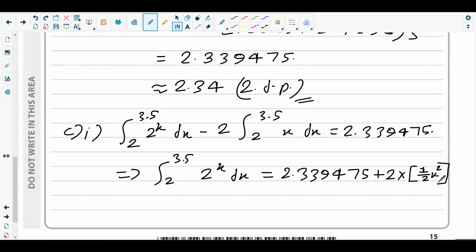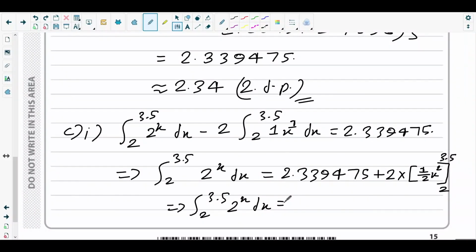In integration we add 1 to the power, so it was x to the power 1, so 1 plus 1 becomes x squared. Then use the new power to divide the coefficient. The coefficient was 1, so 1 over 2, it is half. The upper limit is 3.5, the lower limit is 2. Now get the value for the integration from 2 to 3.5 of 2 to the power x dx.